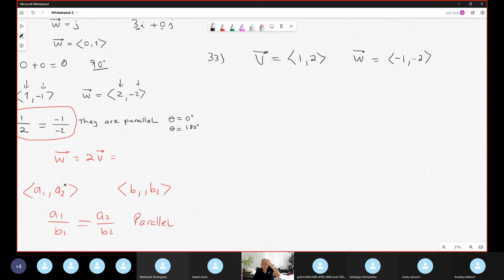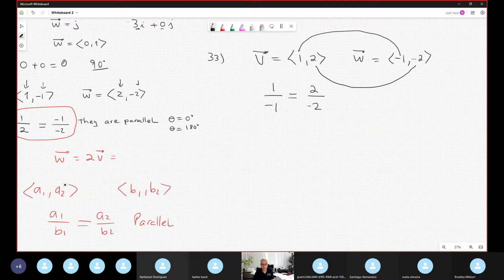Okay, division. You divide 1 divided by -1, this component and this component, and this component division, which is 2 divided by -2. It's obvious that it's the same, no? It's -1. They are parallel.